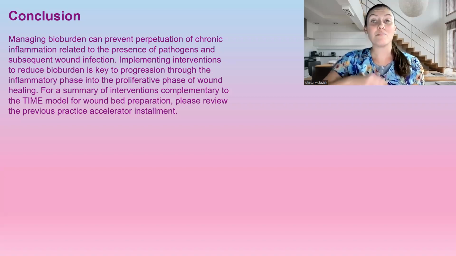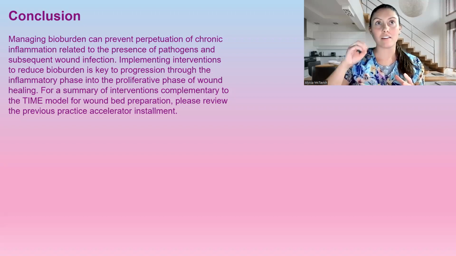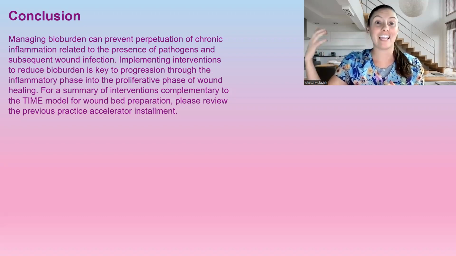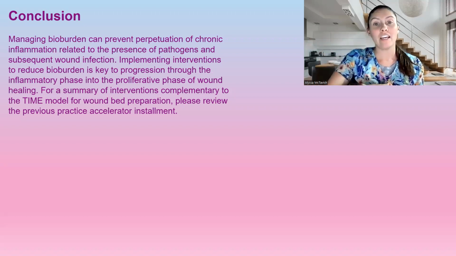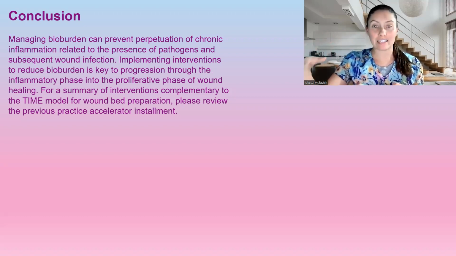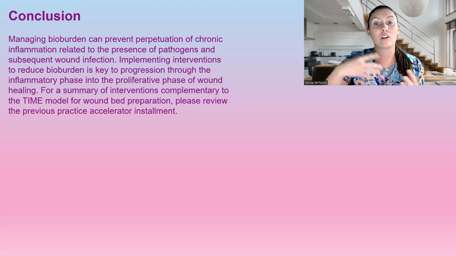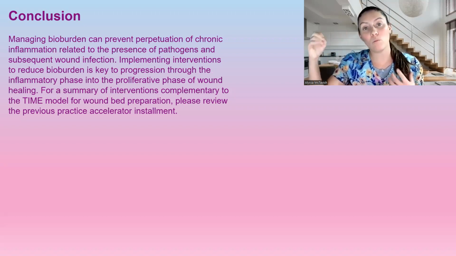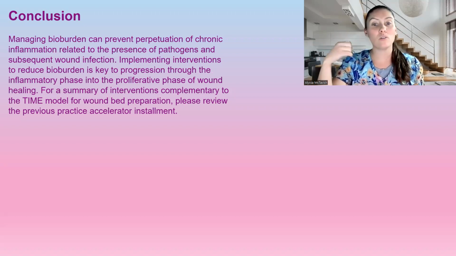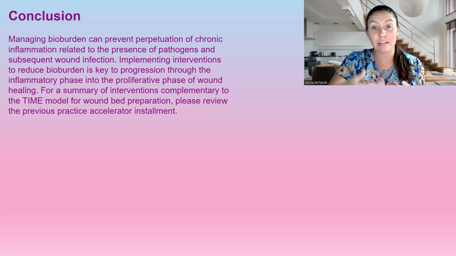So as you see, bioburden can really create a lot of havoc in a wound, okay? So we want to prevent the bioburden, prevent wounds from getting stuck in an inflammatory phase so we don't have the chronic wound to begin with, okay? So that's what we want to do. We want to be using our TIME model, now known as TIMERS.